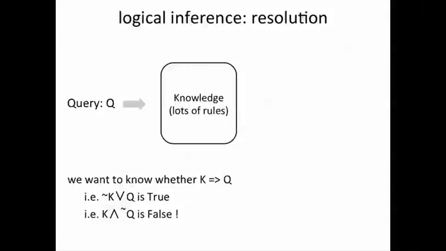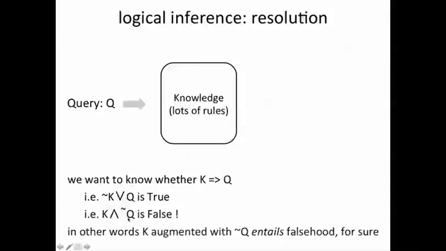Now that we see that in order to prove Q, rather to show that K implies Q, all we need to do is show that K and not Q is false. So what do we do? We augment the set of rules or knowledge that we have with not Q. That means if we had a statement is leader of X, comma, Obama as my query, I will augment my knowledge base with a statement that it is not true that is leader of X, comma, Obama.